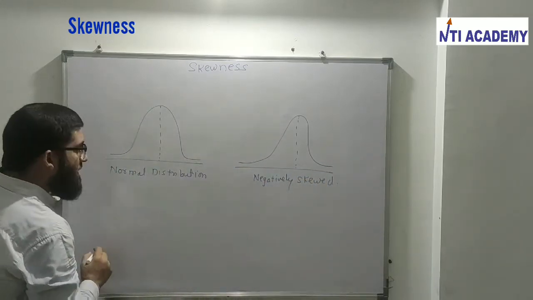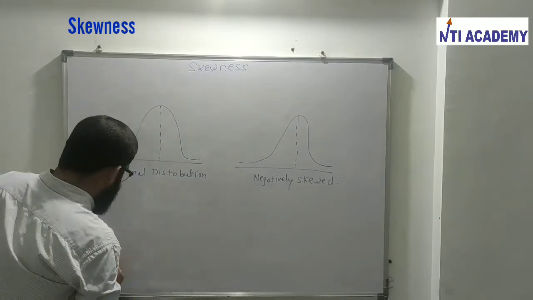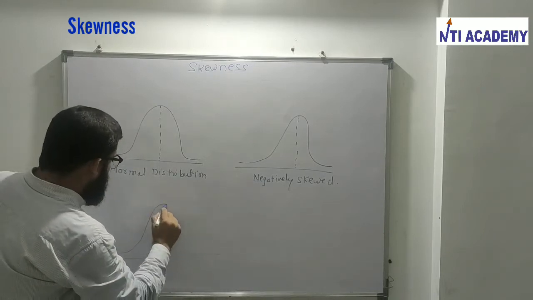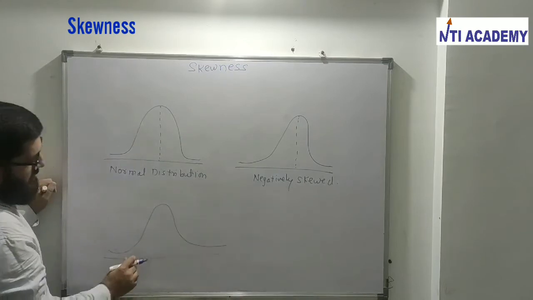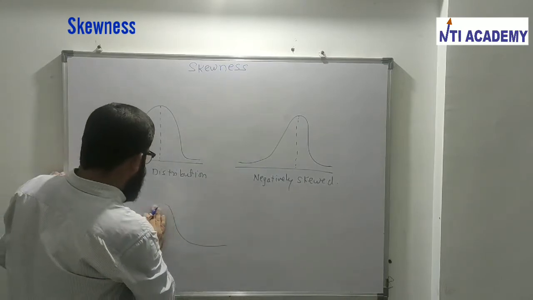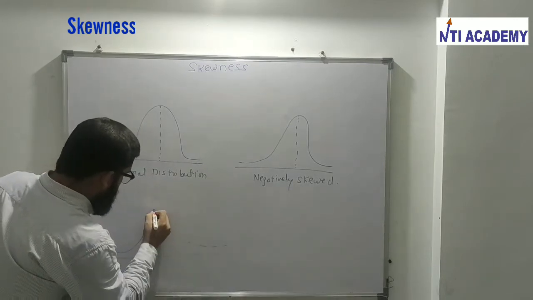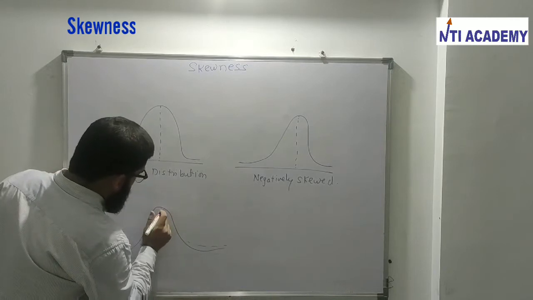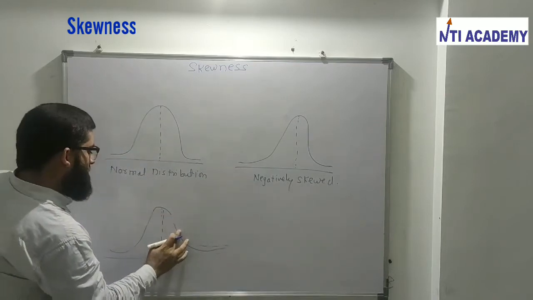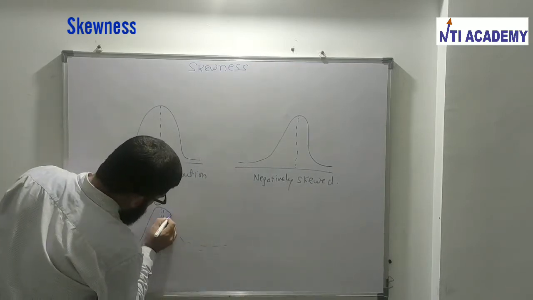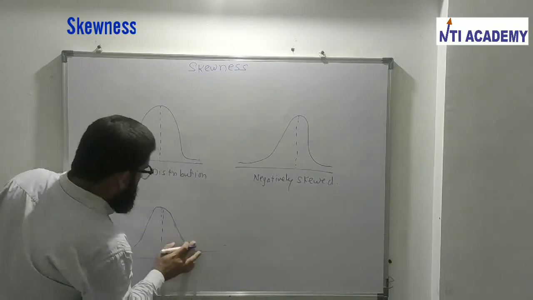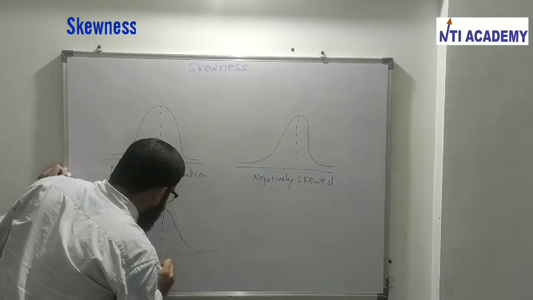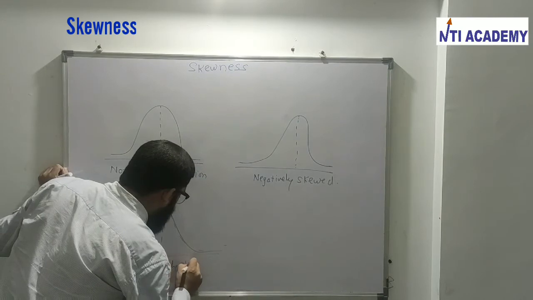And if the data is skewed on the right hand side, then we call it positively skewed.